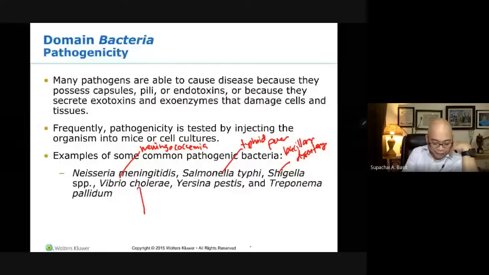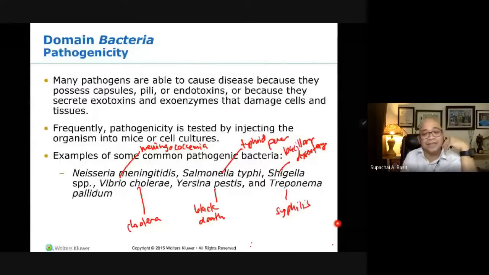Vibrio cholerae, obviously, this one can cause cholera. Yersinia pestis, this one caused the Black Death in the medieval ages. Treponema pallidum can cause syphilis. So these are all examples of pathogenic bacteria.